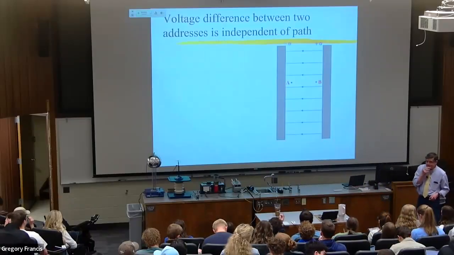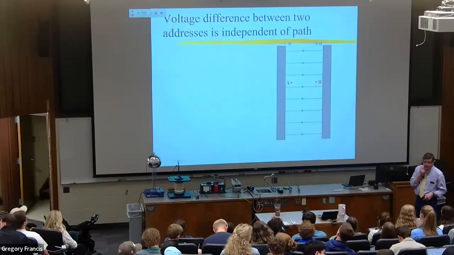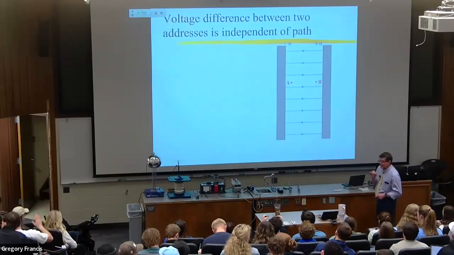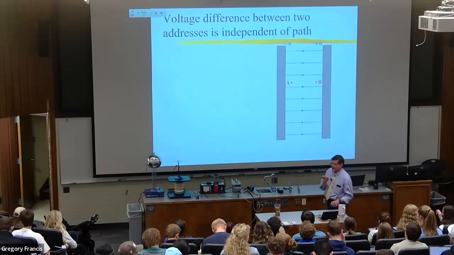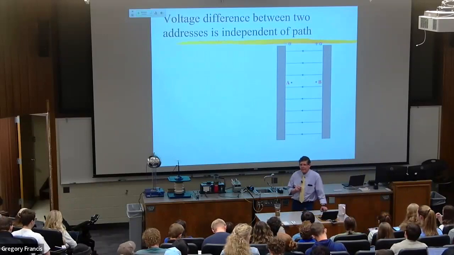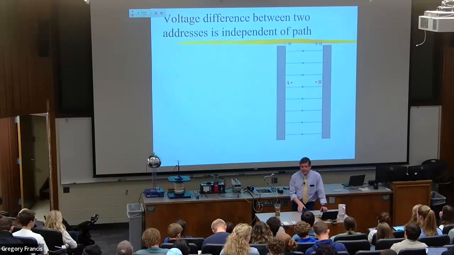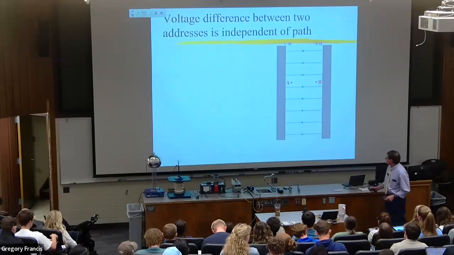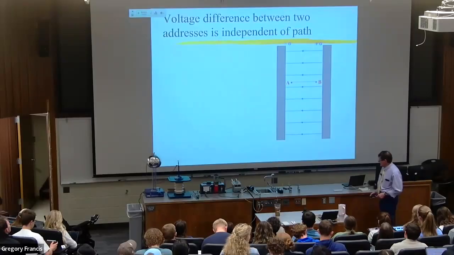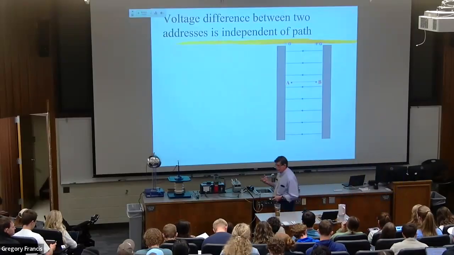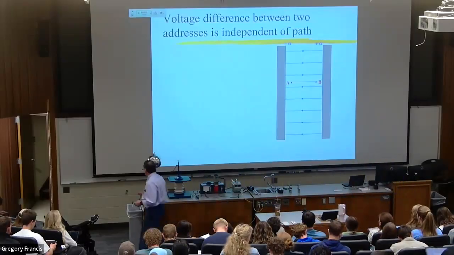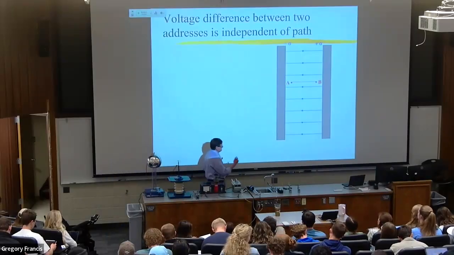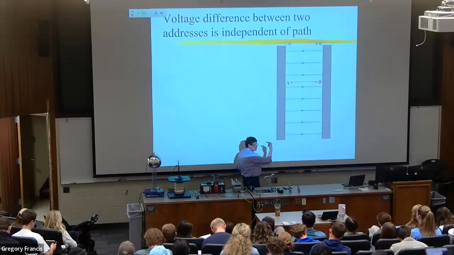We can find that voltage is what we call a state variable, in that it is independent of path. The change in voltage is independent of the path from any point A to any point B. If I go straight across, remember, voltage is how much Verc I would have to do to take 1 coulomb from A to B. Well, the electric field is this way.